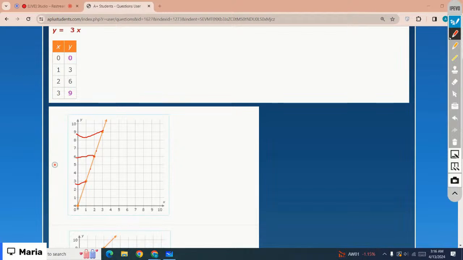One more thing is the graph of the proportional relationships always starts with the origin.